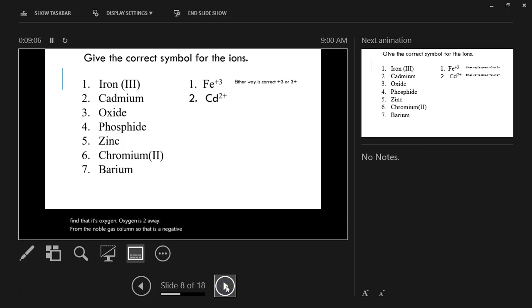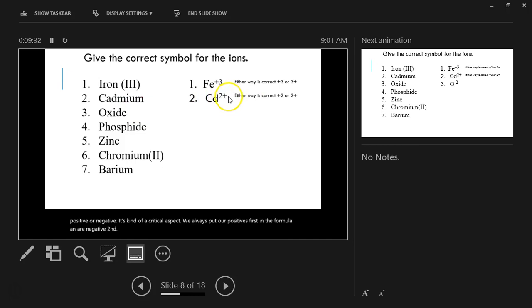All right. Now you'll notice it's mentioned here that you can say +3 or 3 plus, or +2 or 2 plus. That's fine either way. But please be sure, since we're just learning, that we put the charges, because I have to know whether you know it's positive or negative. It's kind of a critical aspect. We always put our positives first in the formula and our negatives second.